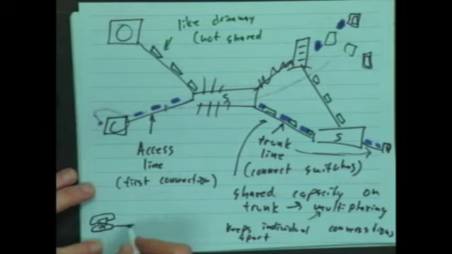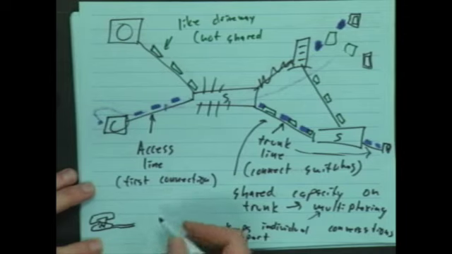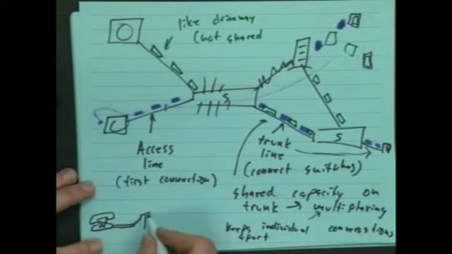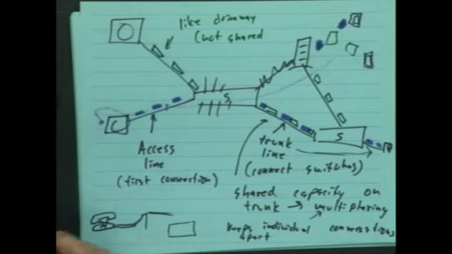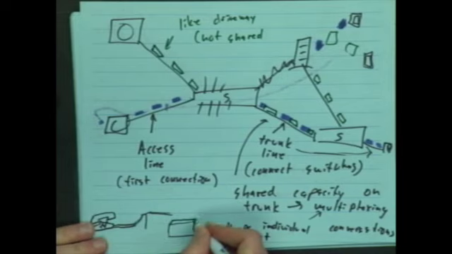What came out of here is 2 wires. Then it would go up onto your telephone pole outside, and eventually all of these would come down into a little box in your neighborhood. The box is green. Luckily I have a green thing here. It's a lovely green box in your neighborhood.